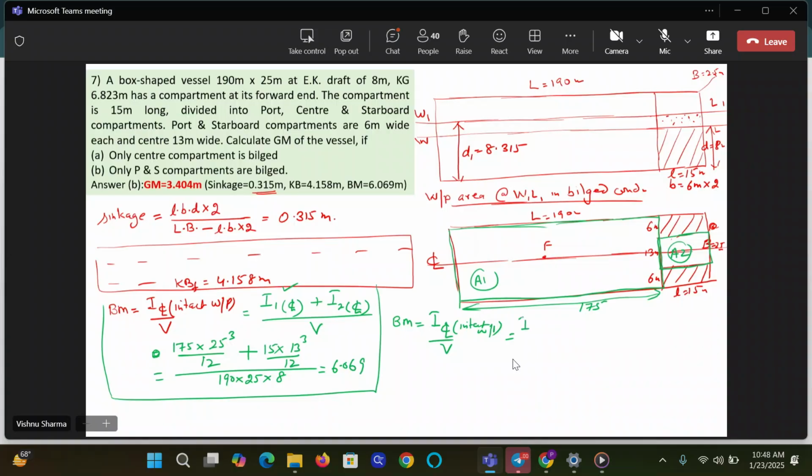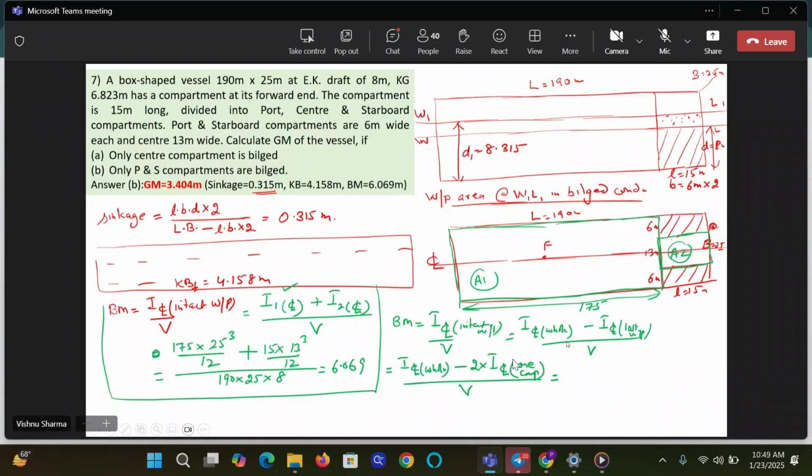It will be ICL of the whole water plane minus ICL of the lost water plane upon V. This will be equal to ICL of the whole water plane minus 2 into ICL of one compartment divided by volume of displacement.